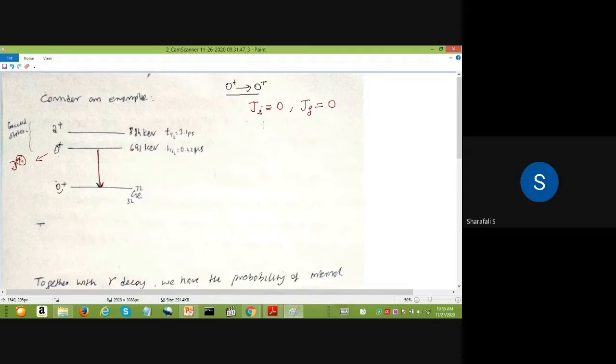From that we can say the magnitude of Ji minus Jf is less than or equal to L, which is less than or equal to Ji plus Jf. There are no negative values for Js. So since Ji and Jf are 0, this is 0, less than or equal to L, less than or equal to 0. This implies the L value should be equal to 0.